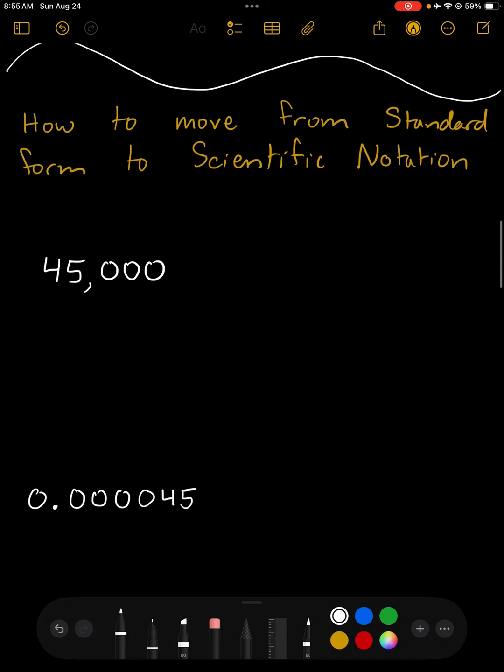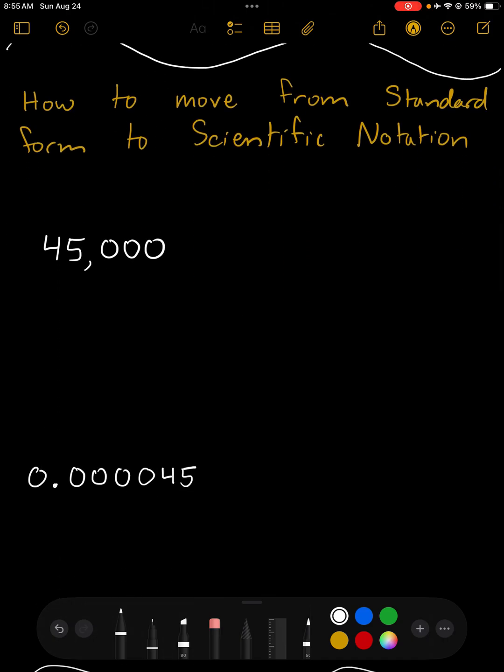How do we do the opposite thing? How do we move from standard form into scientific notation? Well, we're going to go the exact opposite direction. So we find my decimal point, which is in this case inferred for the number 45,000. Remembering that to write a number in scientific notation, I need to end up with a coefficient value that is somewhere between 1 and 9.9. So I'm going to move my decimal point to the left in this case.